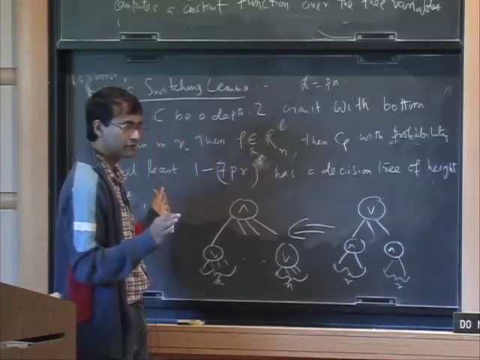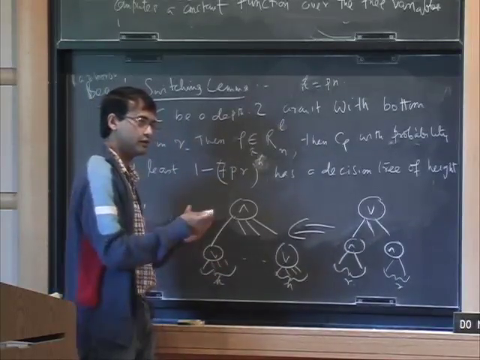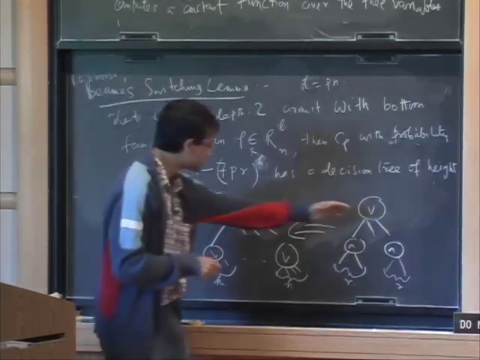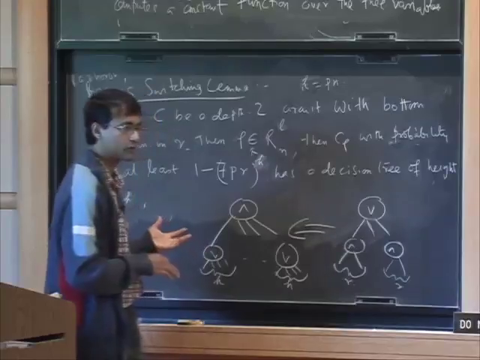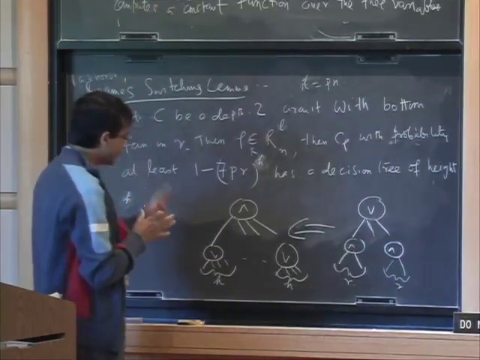Because you have a decision tree of height at most h, and that's what we are using. So that's why this is called a switching lemma, because you can switch an OR of ANDs into an AND of ORs. And imagine now you have a circuit of depth d. You hit this.